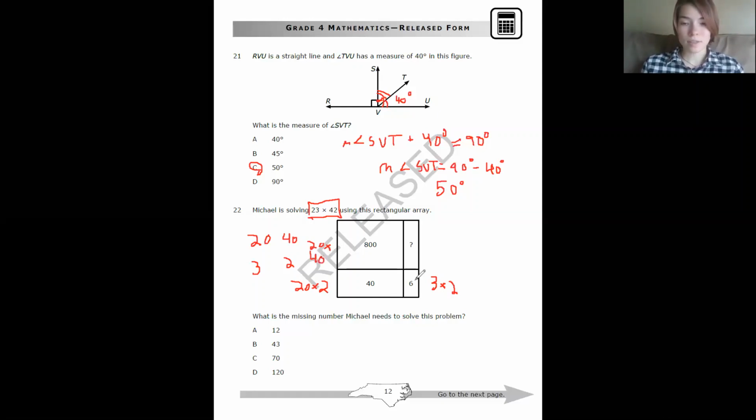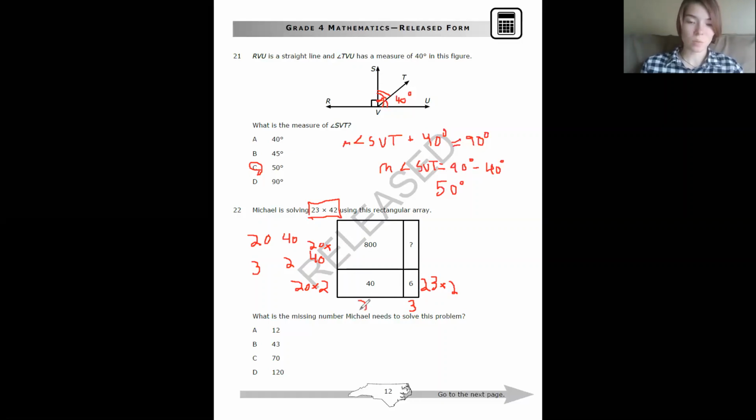Based on this, since this number is 3 by 2 and this number is 20 times 2, that indicates the number on this side has to be 2. If this is 2, then this little section here has to be 3. If this is 3, then this is 20 by 40, and this is 20 by 2.